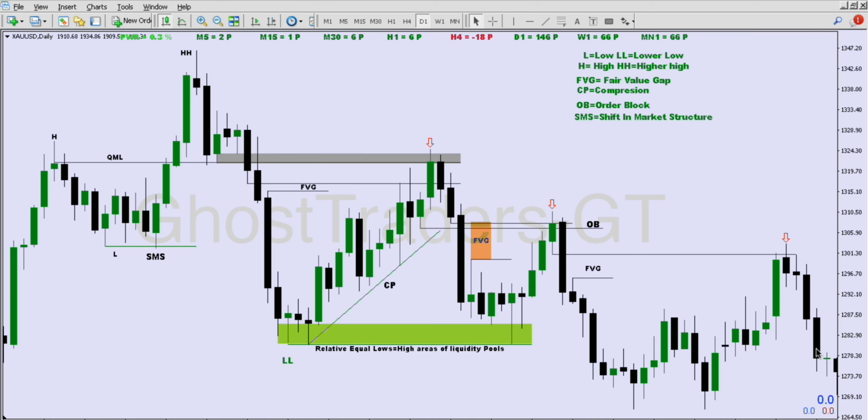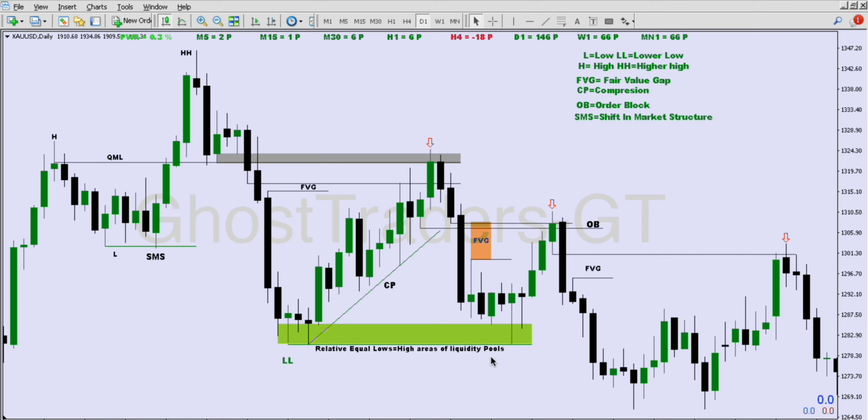It flows into this level of our fair value gap, and then we get to see a drop in price. Whenever we have relative equal lows, we say it's an area of high liquidity pools. Whenever we talk about liquidity pools, we are talking about an area where there is liquidity.